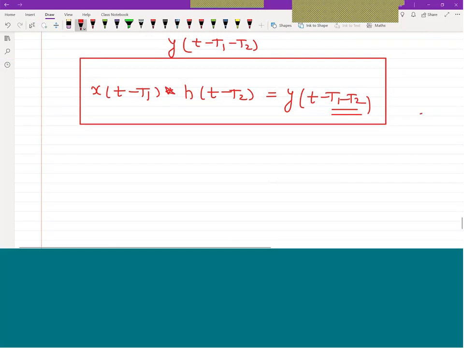Let's move ahead. Next we will start graphical convolution. The most important part is graphical convolution and some more properties of convolution.